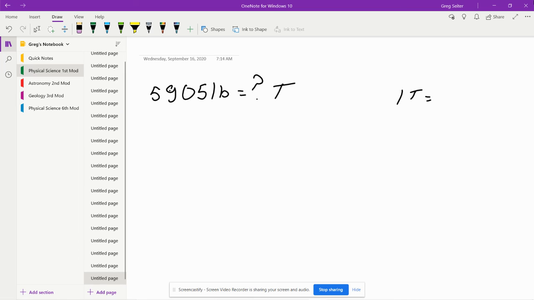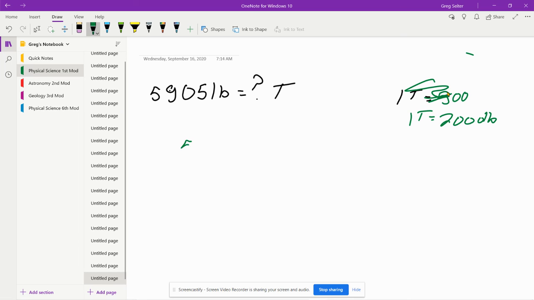Yeah, my pencil is not working. There we go. Now I'm getting messed up here. Let's scribble this out. 1 ton equals 2,000 pounds.